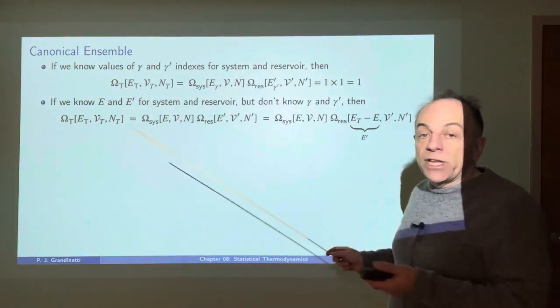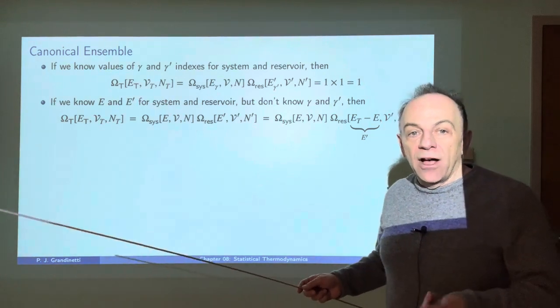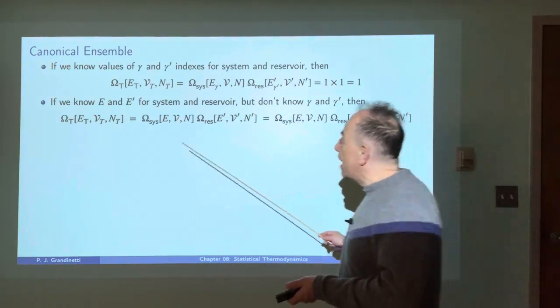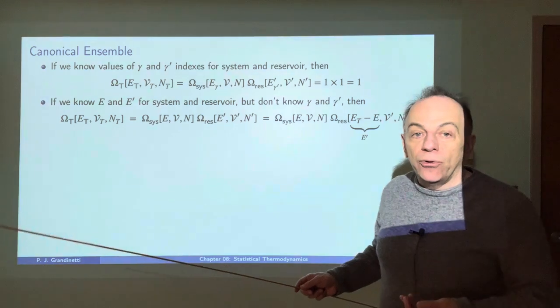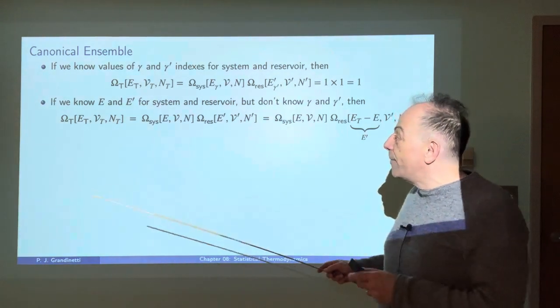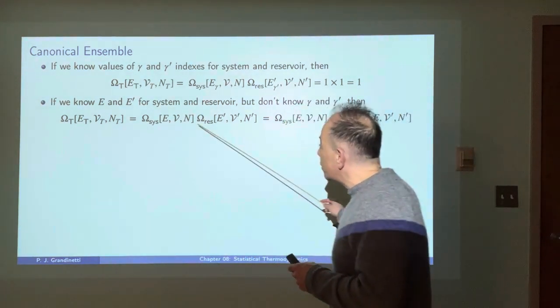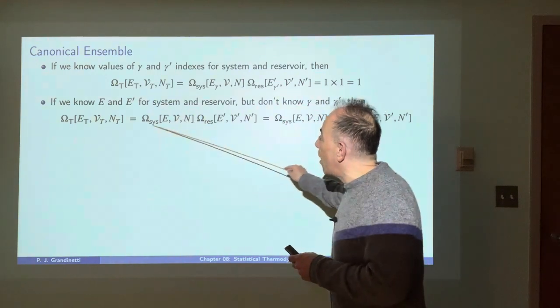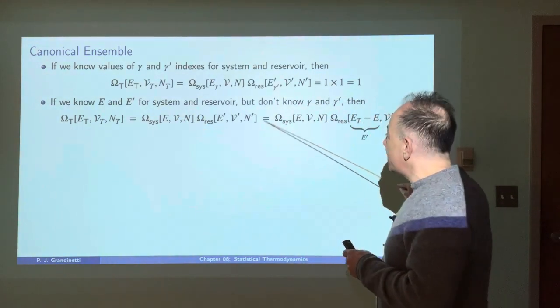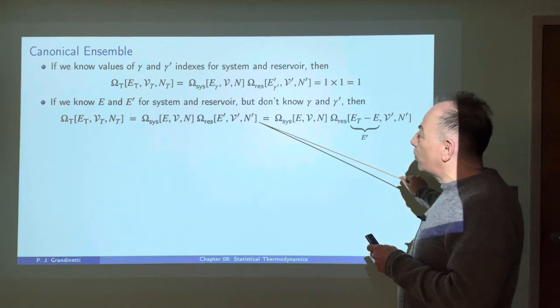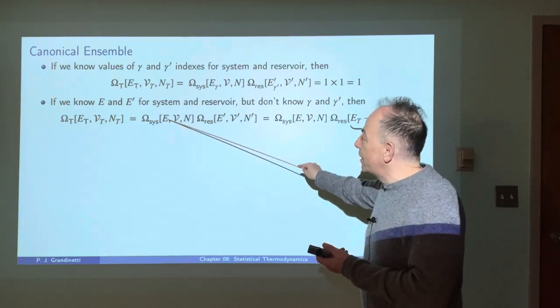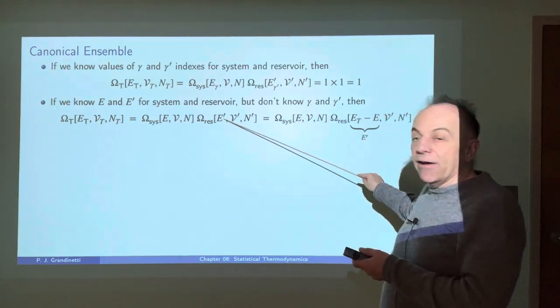But we don't know which microstate on those constant energy hypersurfaces. So then we would have to say that the total number of microstates accessible to the supersystem is the product of the number of possible microstates for the system times the number of possible microstates for the reservoir, consistent with the energy of the system and the energy of the reservoir.